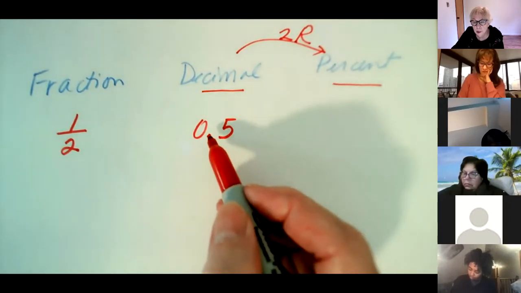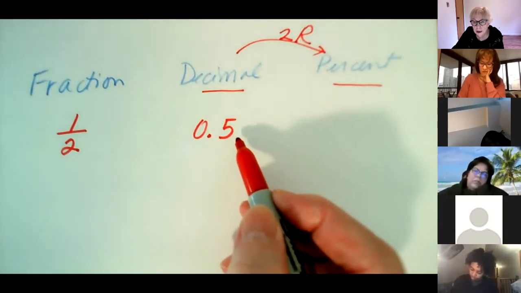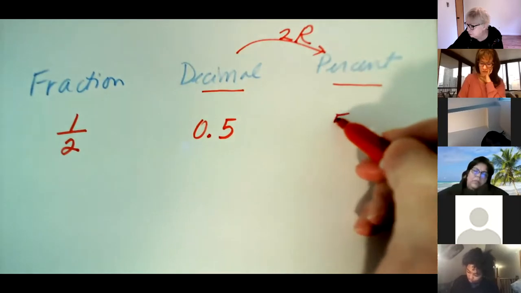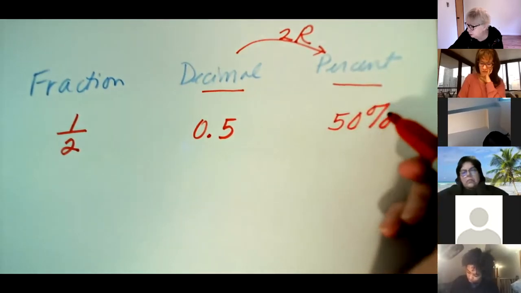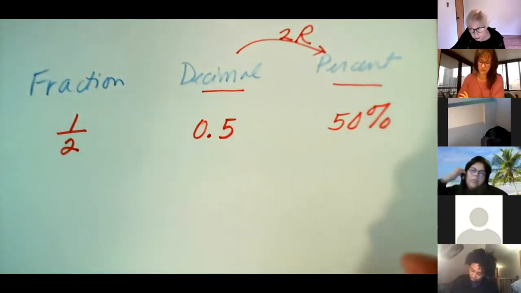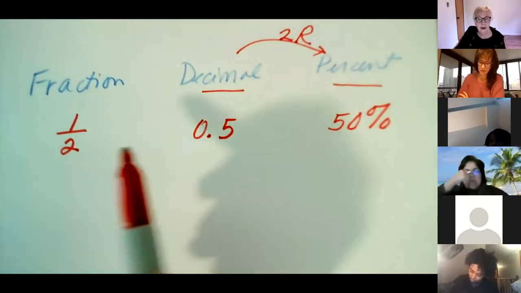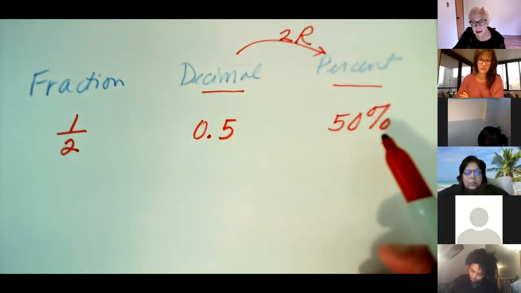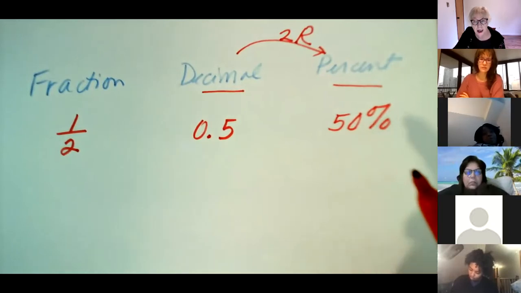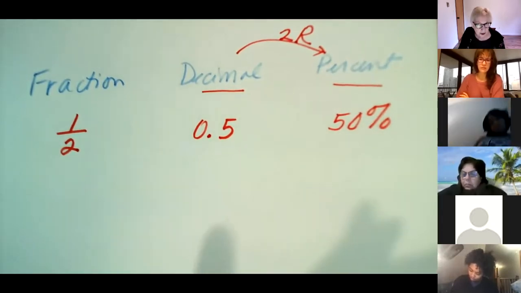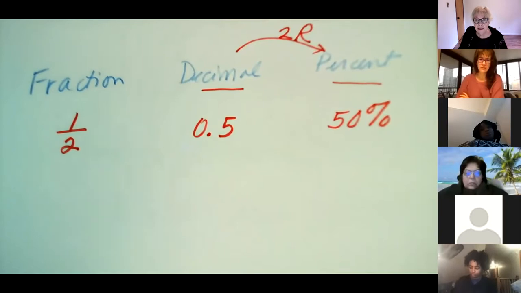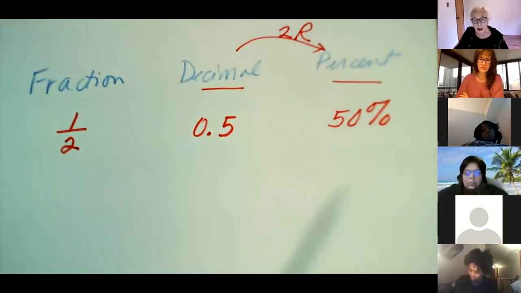So this decimal point here goes 1, 2. This is 50%. I hope you know those 3: 1/2 of something is 0.5, and that's 50%. If you know one of these, it makes it easier for you to do others.